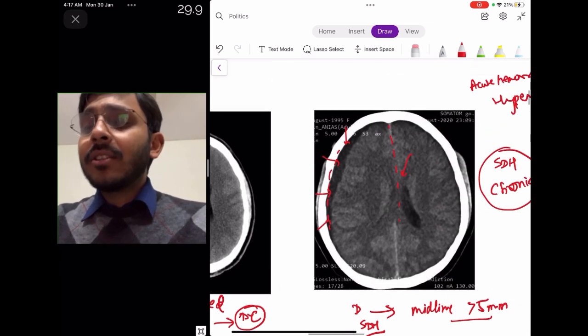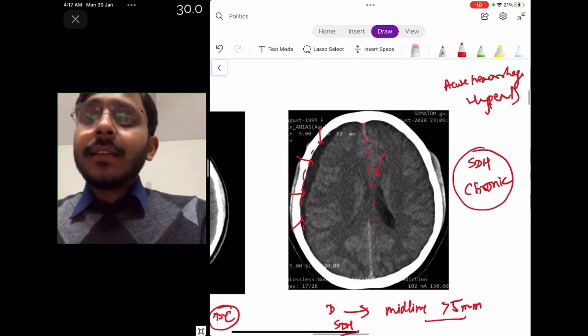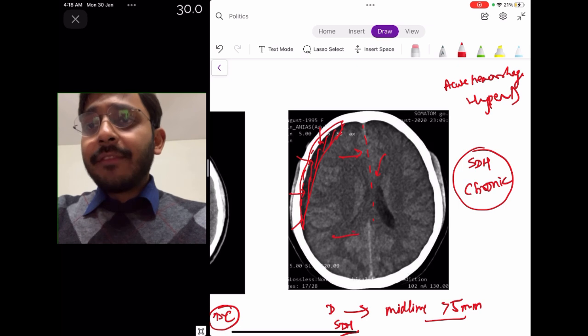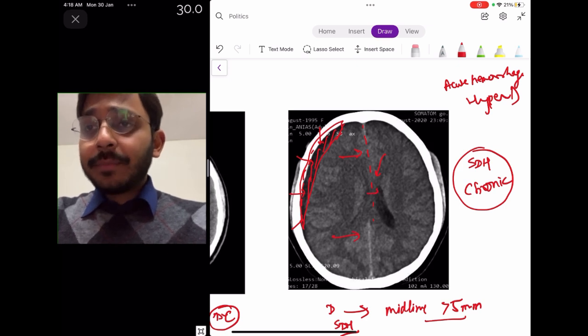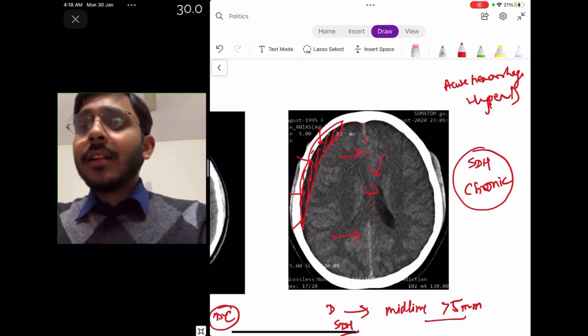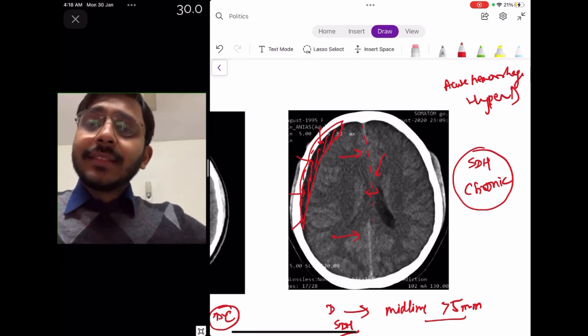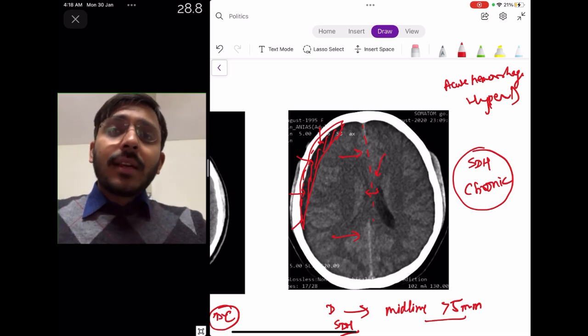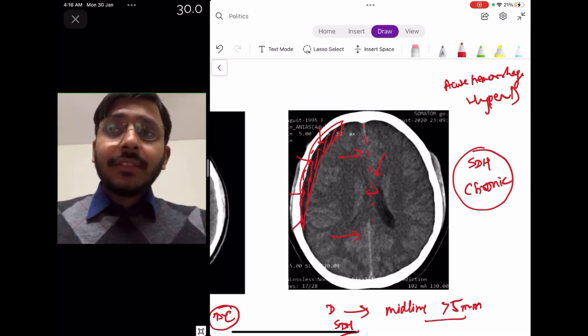Now this image on the right, here we see that there is a hypodense bleed along the cerebral convexity, which is pushing the brain towards the left. So there is this midline shift towards the left. Now, what is it? It is crossing the sutures, so it is an SDH. However, it is not hyperdense. It is not bright.